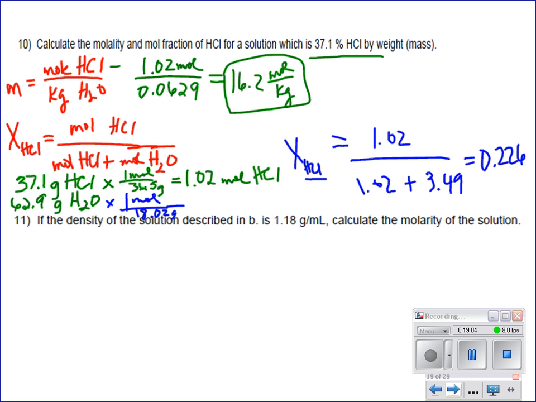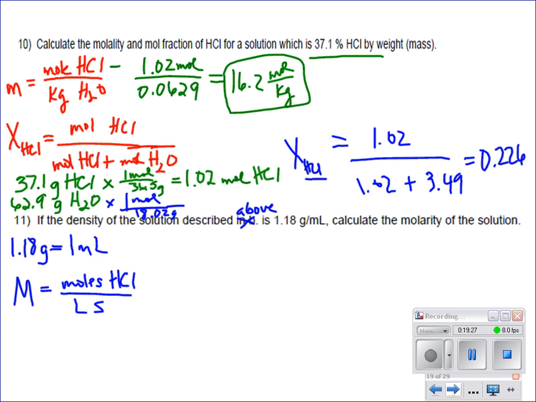If the density of the solution described just above is 1.18 grams per mL, so we know 1.18 grams of that HCl solution is equal to 1 mL, calculate the molarity. What is molarity? Moles of, specifically in this case, HCl over liters of solution. So what do I have from above that I can use?